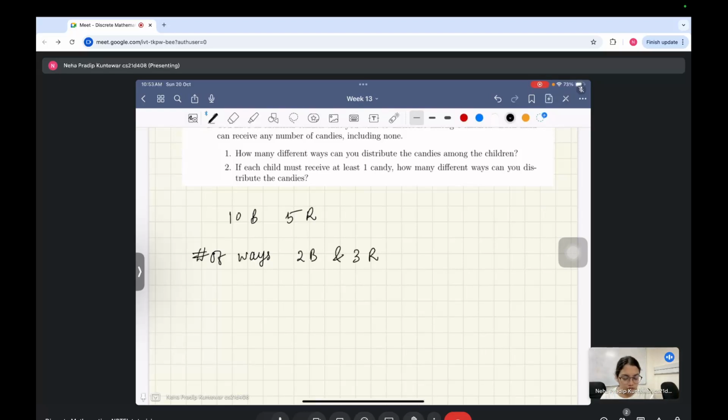Then you independently find out in how many ways you can choose two blue balls out of 10. That turns out to be 10 choose 2.